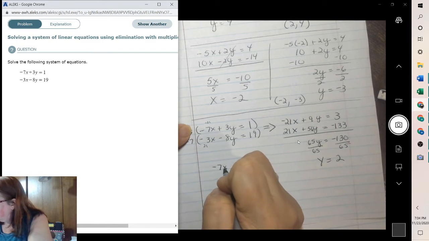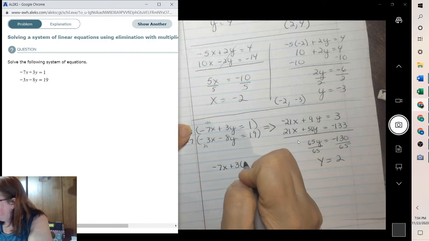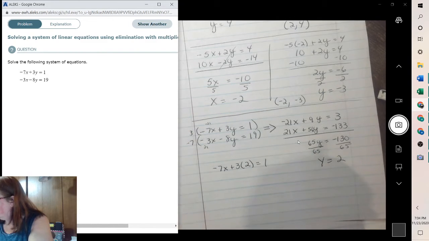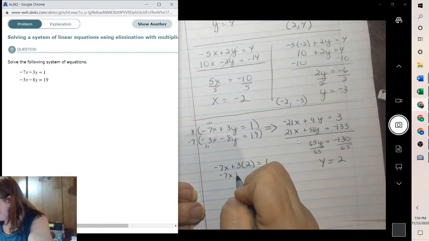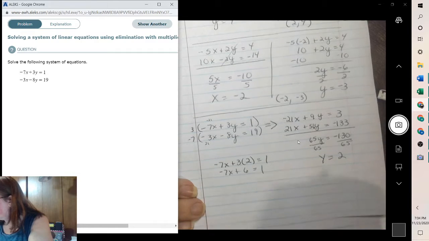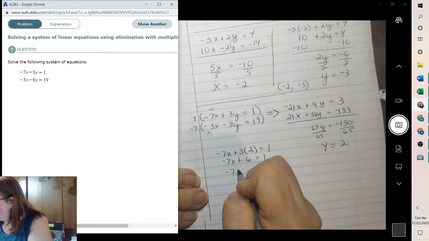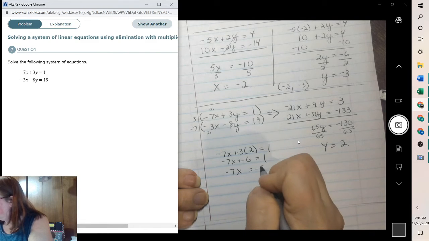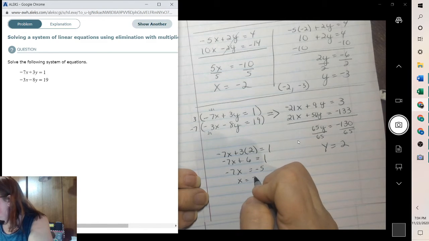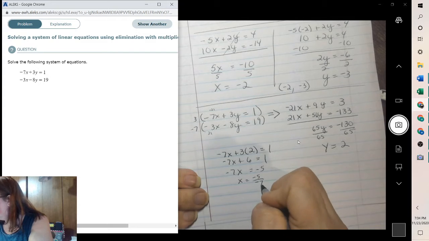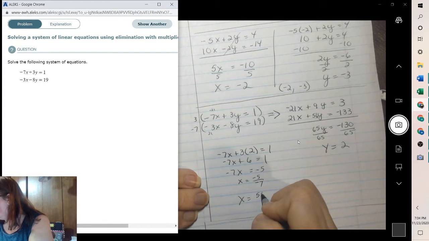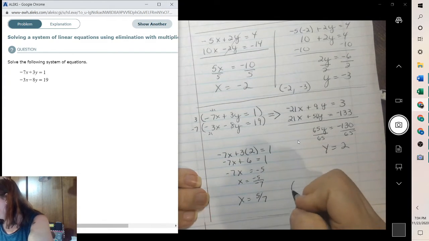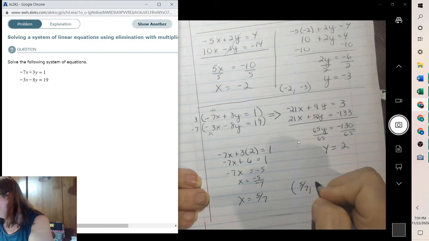Negative 7x plus 3 times 2 equals 1. Negative 7x equals negative 5. x equals 5/7. So our point is 5/7 and 2.